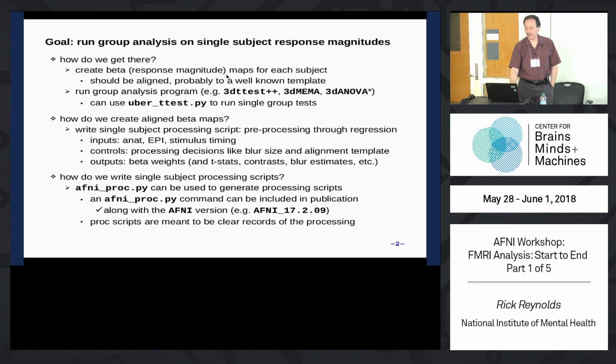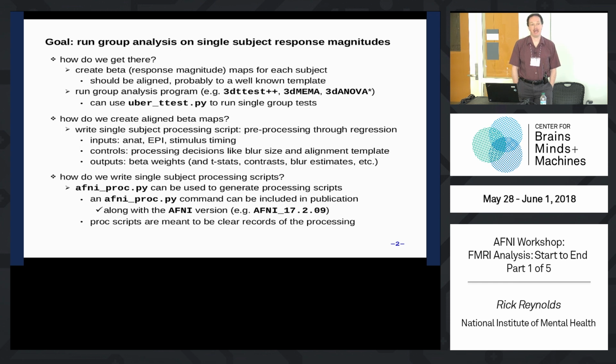So how do we get there? We want to create beta maps for each subject, and they should be aligned presumably to some well-known template. Which template should you use? Daniel's talked a lot about that, which is appropriate for you. My general suggestion is, most people care about an atlas.